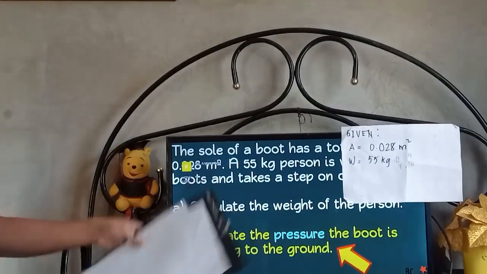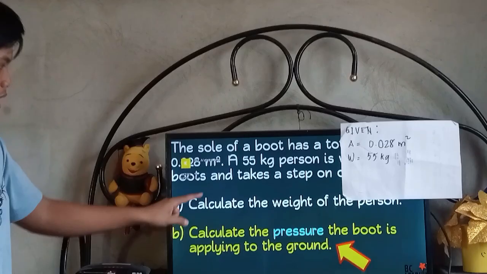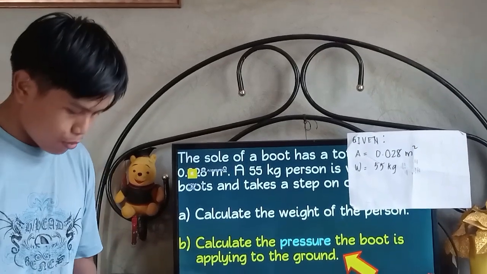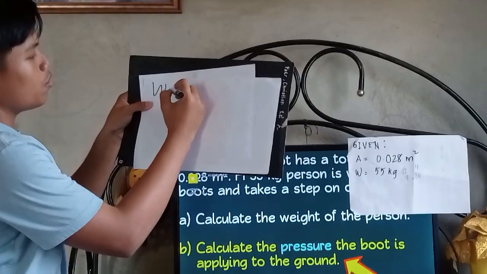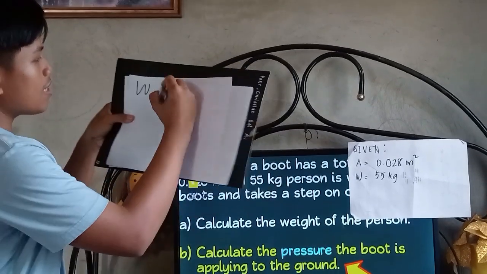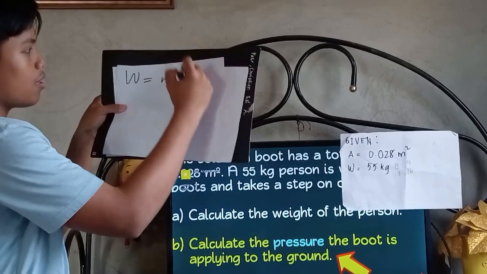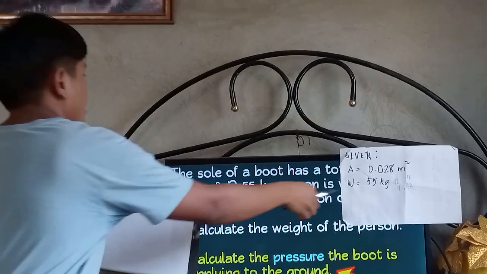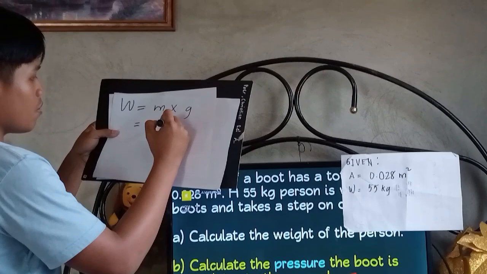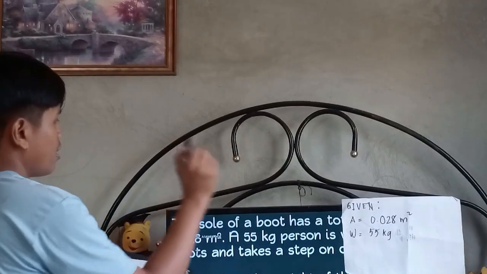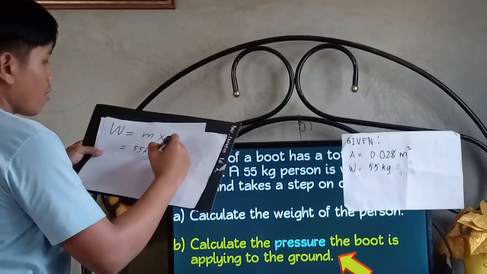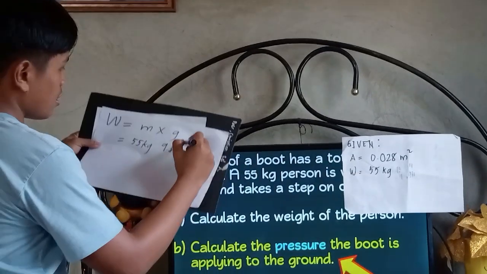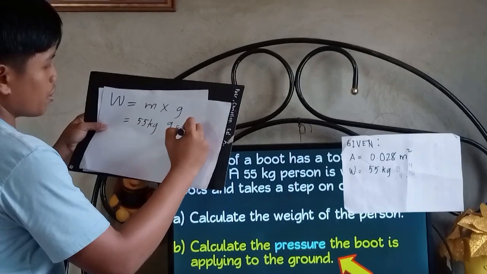Since we have our given, we need to first calculate the weight of the person. In calculating the weight, we have this formula: W equals mass times g, where g is the gravity. The mass here is 55 kilograms, and g is 9.8, for which we will use the unit N over kg.